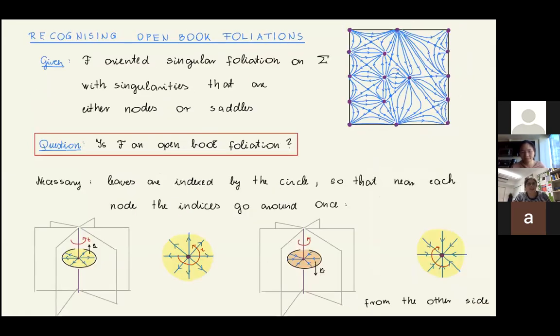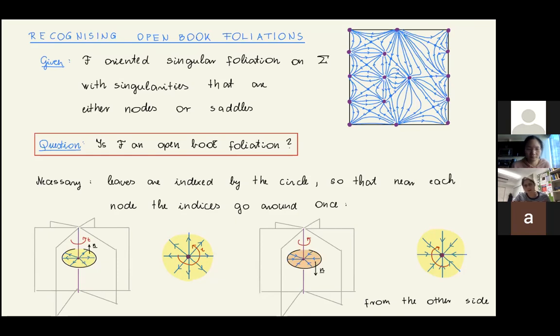Okay, so the first question we are asking is that if someone just gives us an oriented singular foliation on the surface, which has singularities that are only nodes and saddles, then can this be realized as an embedding into an open book?